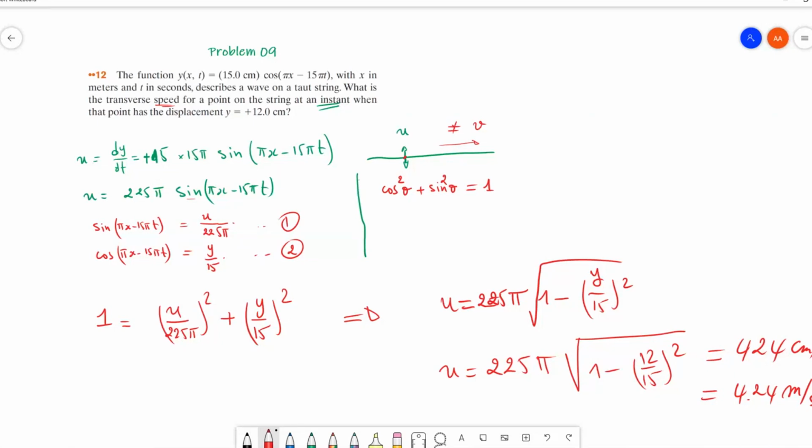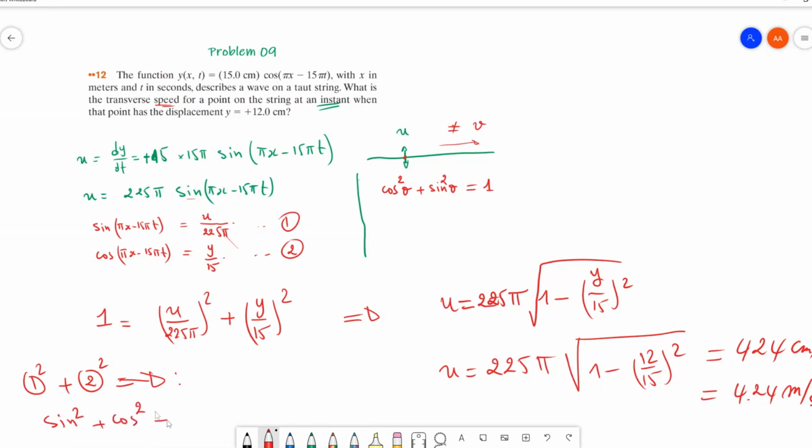Yes. How do you take the u on the left side? You mean here? Yes, here. Here I did this. I take equation number 1 square plus equation number 2 square. What does it give? On the left side, it gives me sine square plus cosine square.